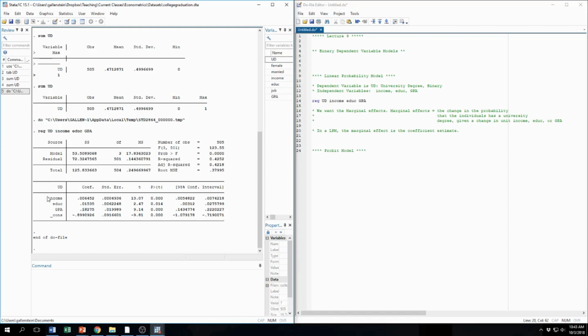Okay, that's how we would interpret these coefficients, holding all the other factors constant. So if parents' income goes up by $1,000, we would expect a 0.6% increase in the probability that the student will have a university degree, holding parents' education and GPA constant.